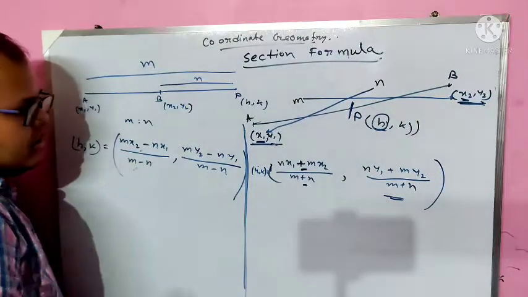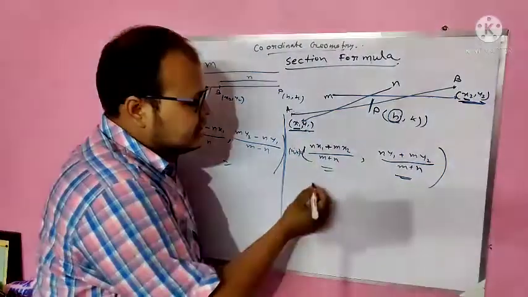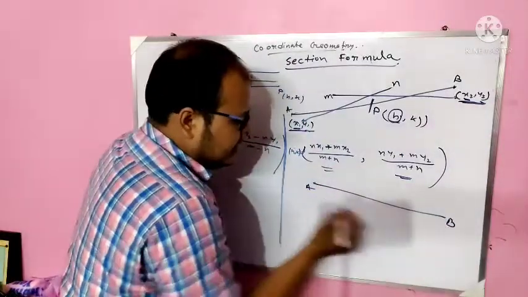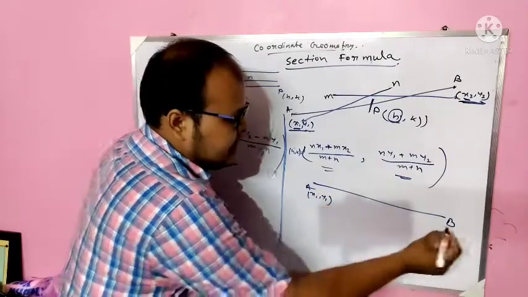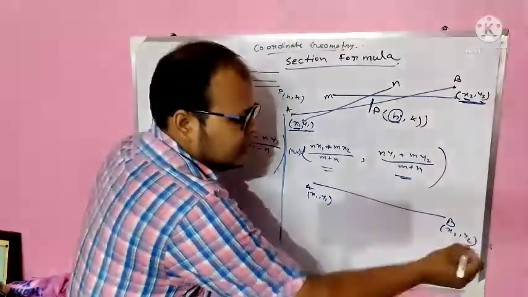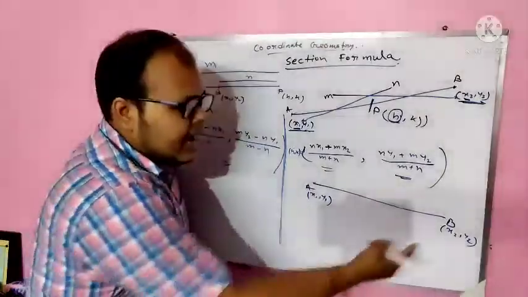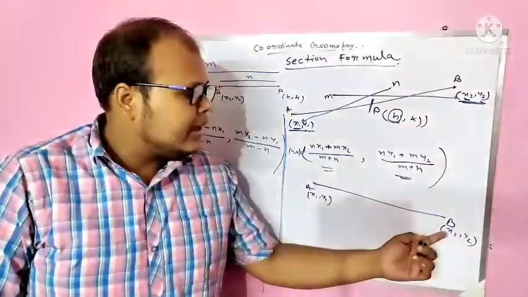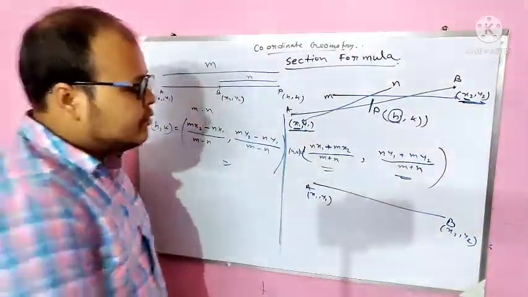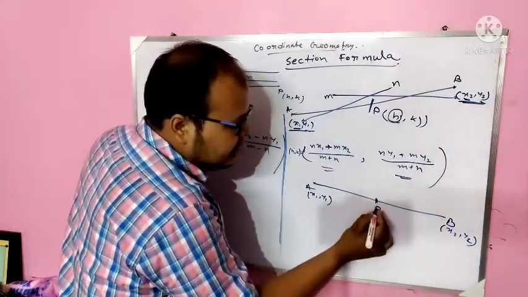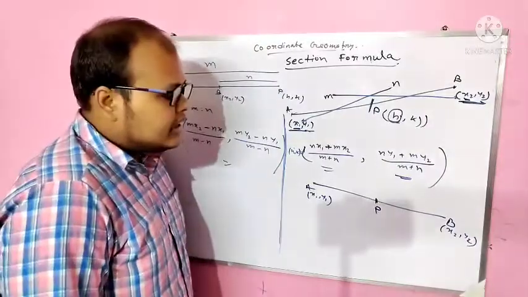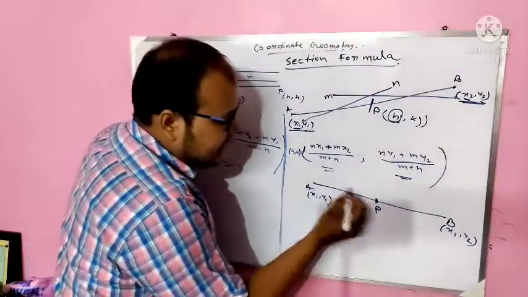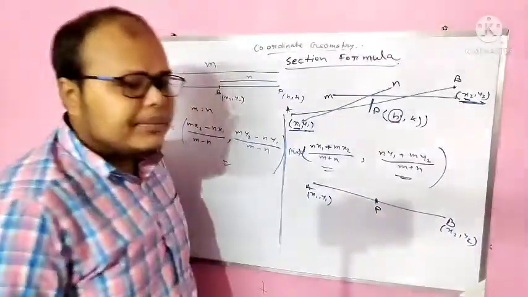Okay, fine. Here one more corollary I want to discuss. Suppose two points A and B are given, and the coordinates of both are given to you. x1, y1 is the coordinate of A, and x2, y2 is the coordinate of B, and you want to find the middle point of this line segment AB. As we know, middle point means the distance of AP and the distance of PB are same.